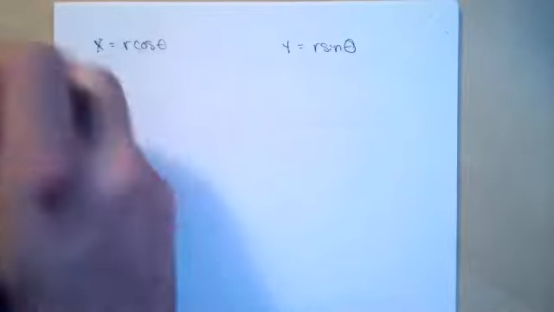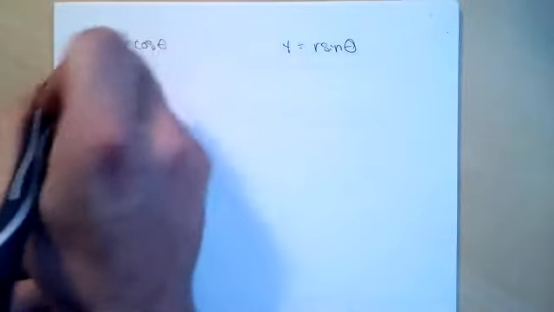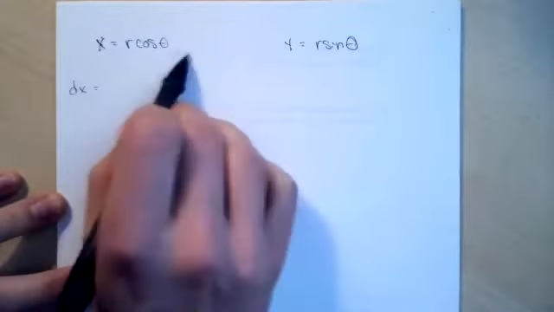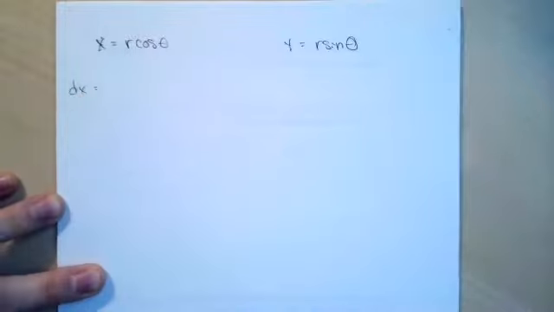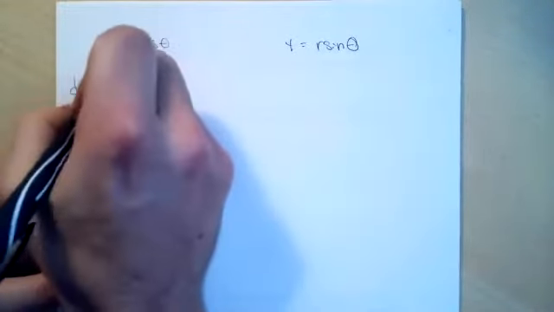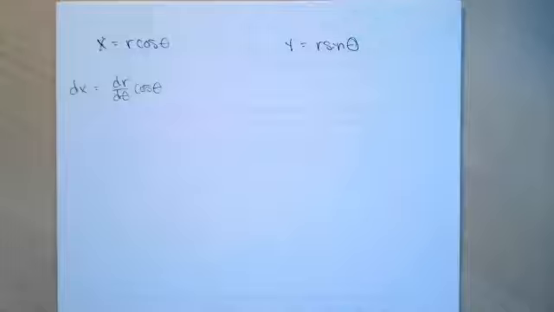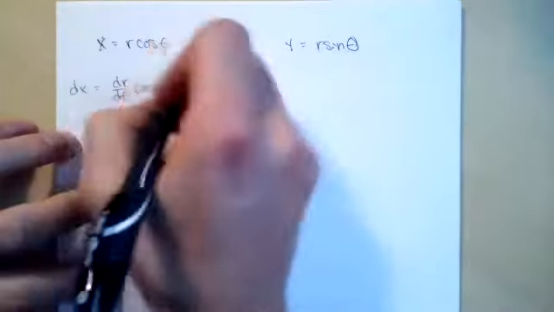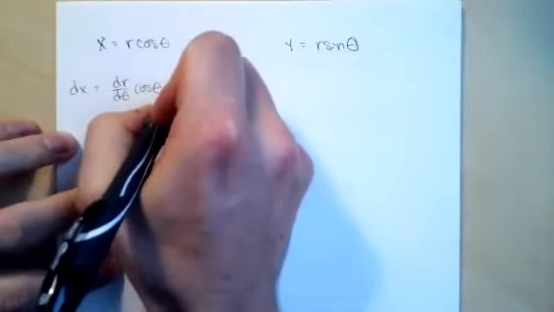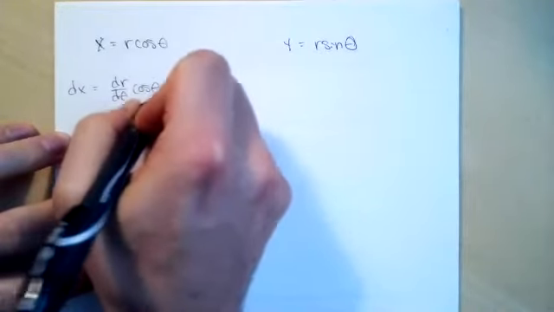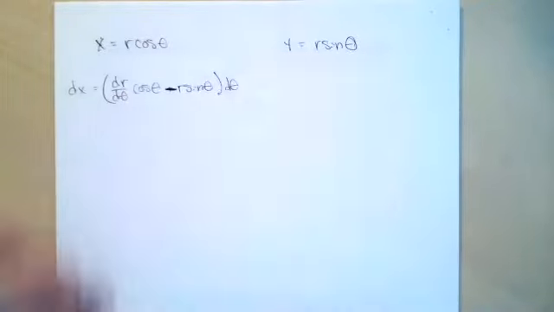Just like we were doing with trig subs and u subs, if this is my x, we can take a dx by taking a derivative. We do want to remember that r is a function of theta. So we get dr d theta cosine theta plus r negative sine theta, that should be a minus there, times d theta.